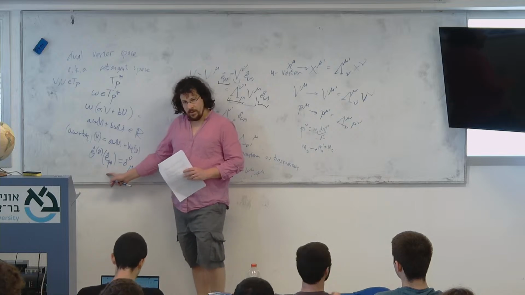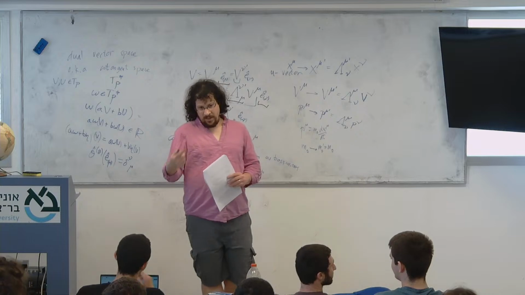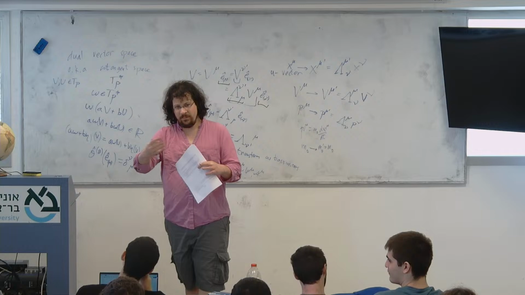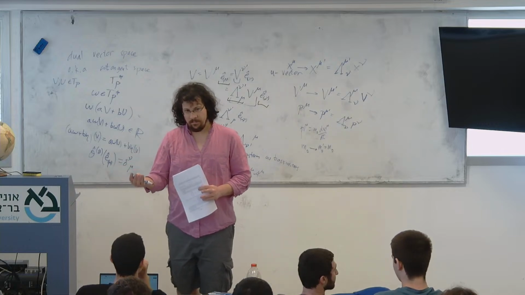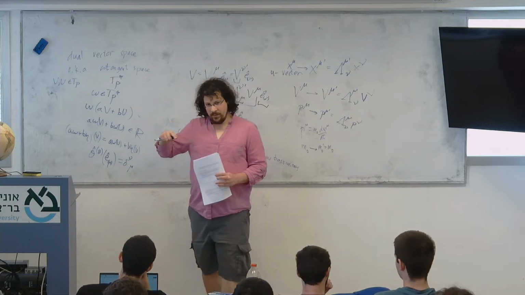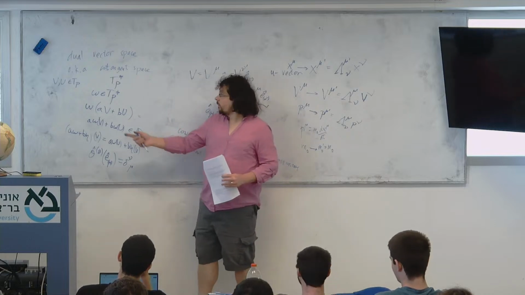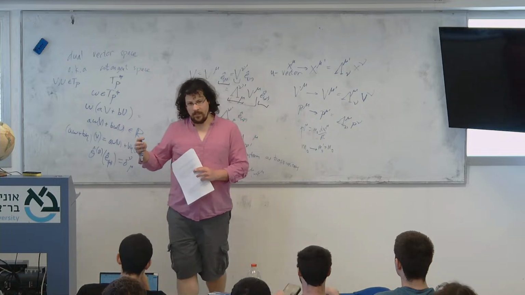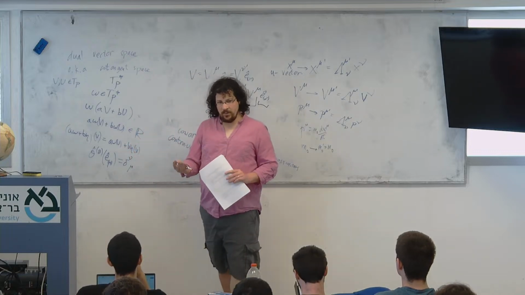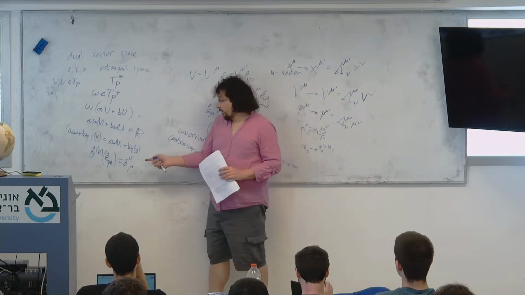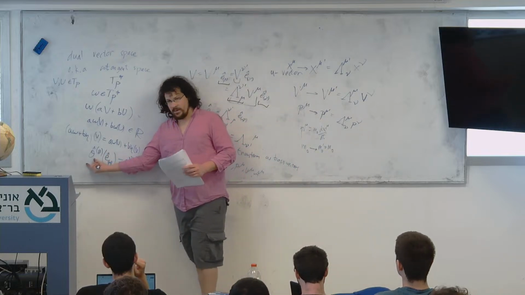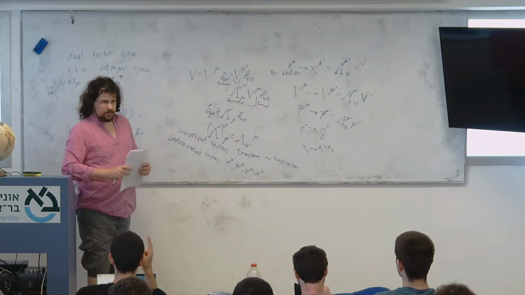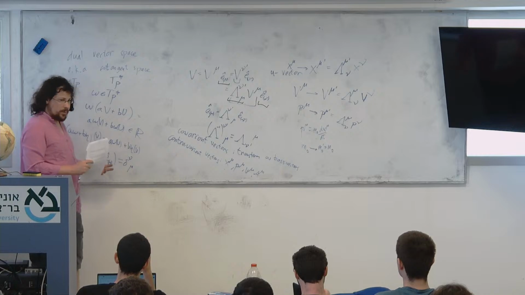This was a vector living in the tangent space, and a linear combination of these gave you any vector in the tangent space. Now the dual space is a different space, and you need a basis for that. There will be a set of covariant vectors, and they'll transform basically opposite to this.